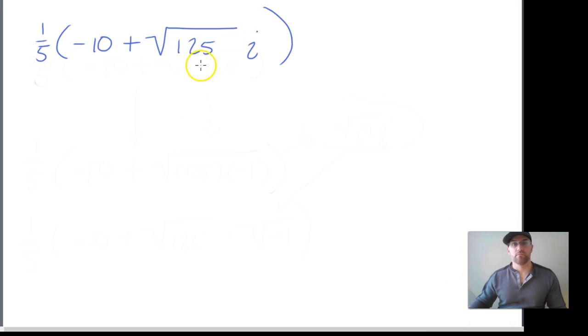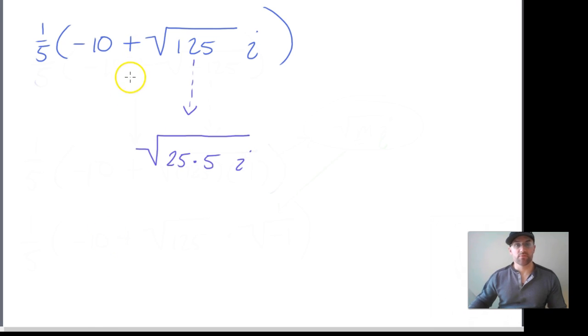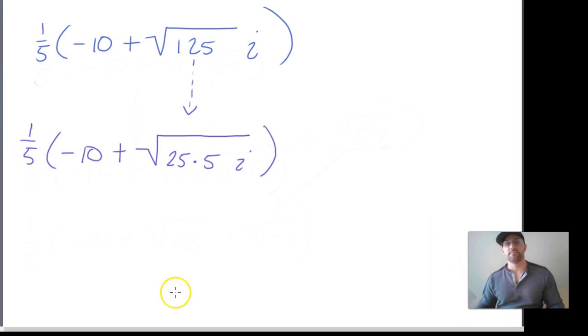So let's go ahead and rewrite. Let's bring this square root of 125i down. We're going to have square root of 25 times 5i, and then we're going to bring the rest of it down: the positive, the negative 10, the parentheses, and 1/5.